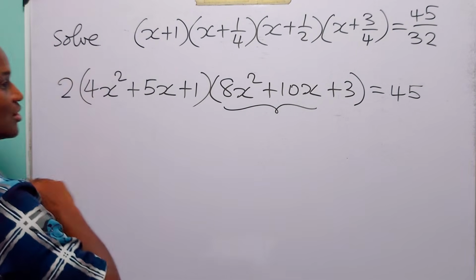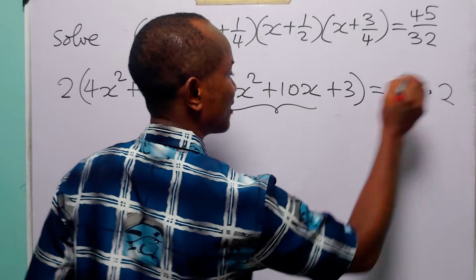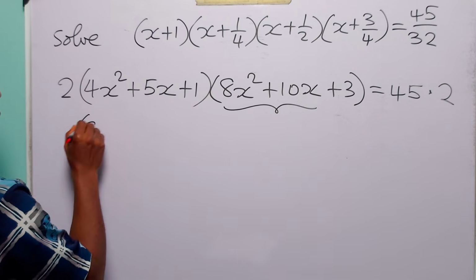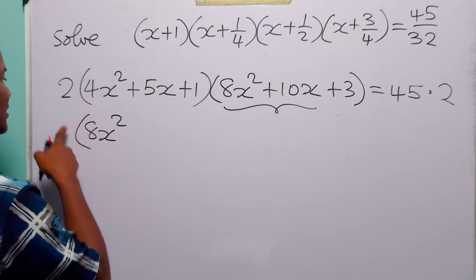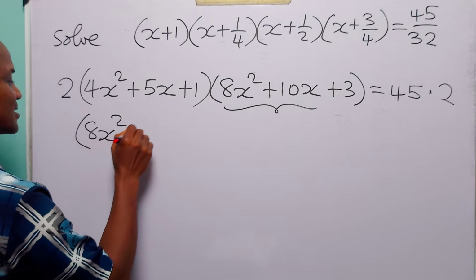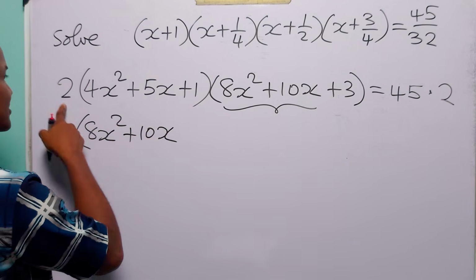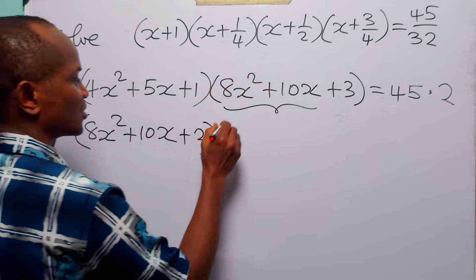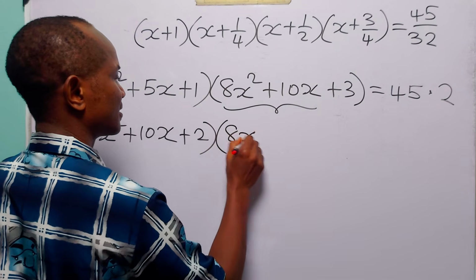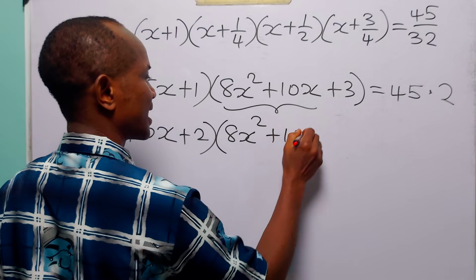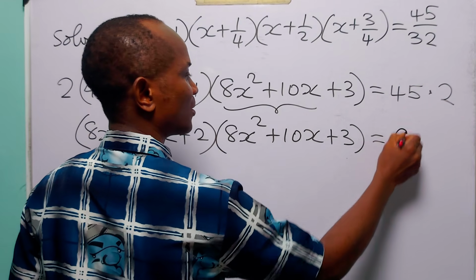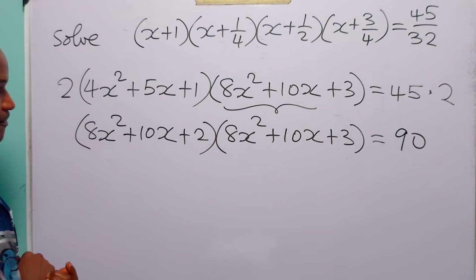So here we have 2, and of course here we have 2. 2 times 4x squared is going to give us 8x squared. 2 times 5x is going to give us 10x. 2 times 1 is going to give us 2. Of course, here we still have 8x squared plus 10x plus 3. Now, this is equal to 90.